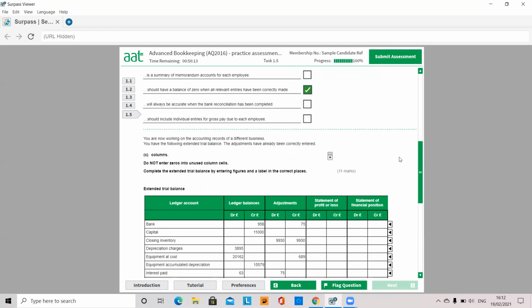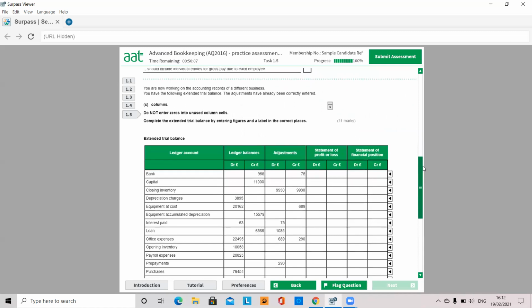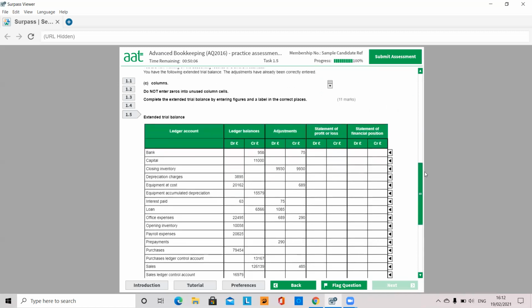So do not use zeros in unused columns, or cells. So what we're doing here now is determining whether it goes in the profit and loss account or whether it goes in the statement of financial position, okay? And again, as I said before, if you've got two credits, then you add them together. If you've got a debit and a credit, then you take one from the other. So whichever way you decide to do that.